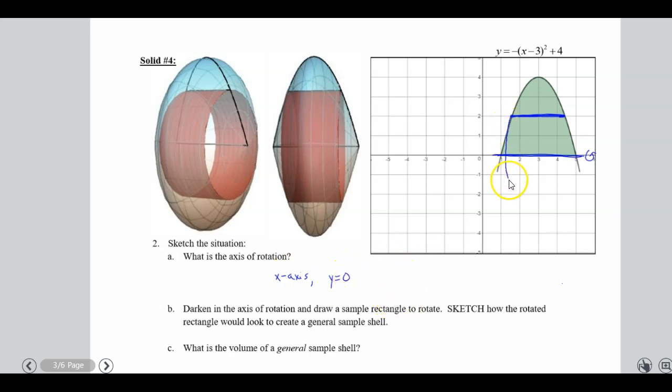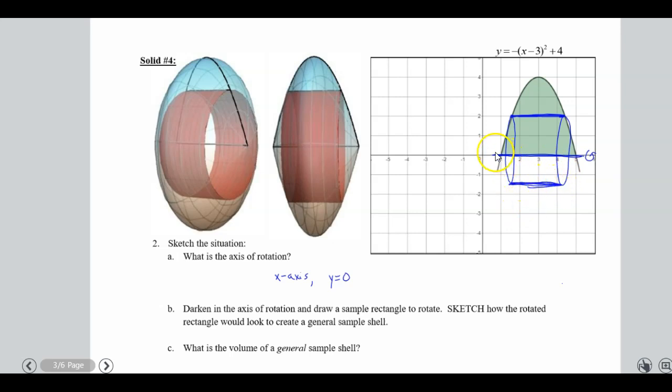We just want to sketch out an idea of what's going to happen. So this is going to rotate around. This is not really to scale. It should go all the way down to 2 right here, but it gives you an idea. So right across the bottom, that's where that rectangle is going to go.